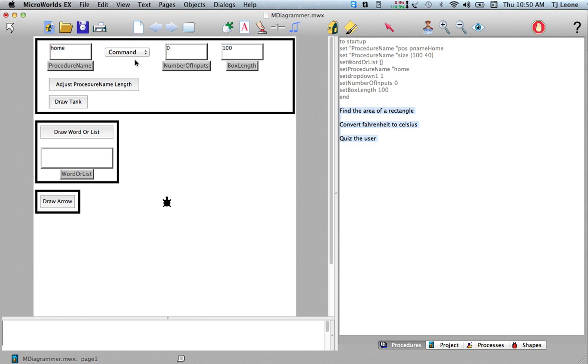So like the home procedure is a command with 0 inputs and also no outputs. Because it's a command, we know it doesn't have outputs. So if we draw the tank for that, it looks like this. There's nothing entering or leaving the function.